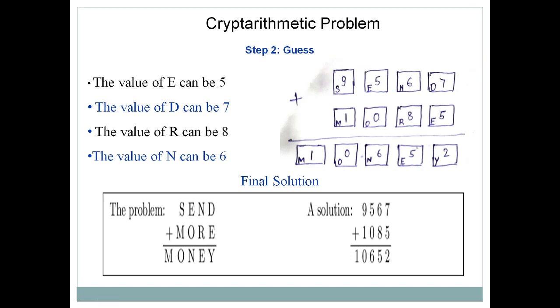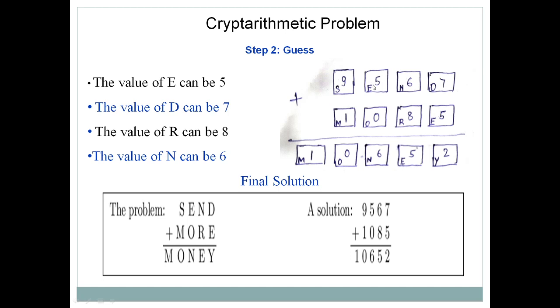Okay, and that thing we understand. Next is d plus e should also be greater than 10. Okay, so that it can be greater than 10. So in this case we have to make a guess what the value of d and e should be.